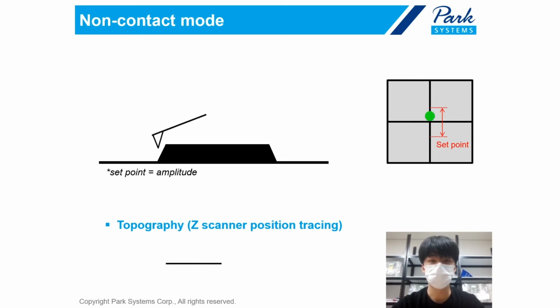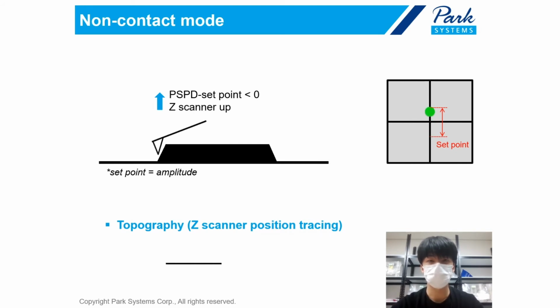When the tip meets the highest structure, the distance between the tip and the sample is smaller than that of the initial state, and the amplitude gets lower. So the feedback, which wants to maintain the amplitude at a constant value, moves the scanner up to get the amplitude back to the set point.